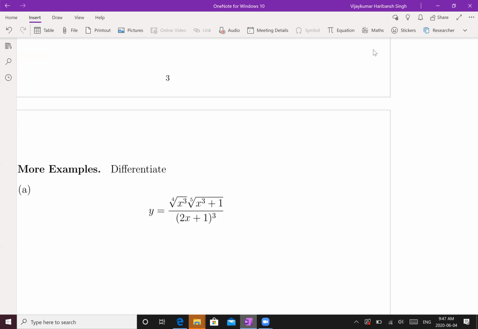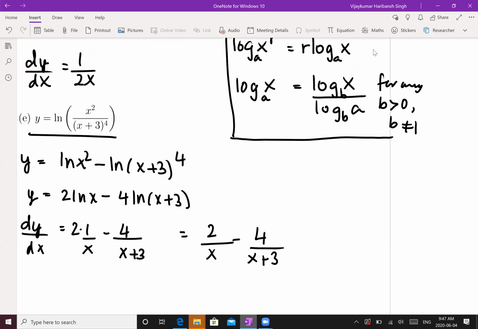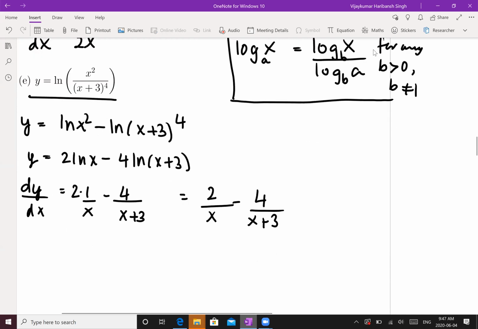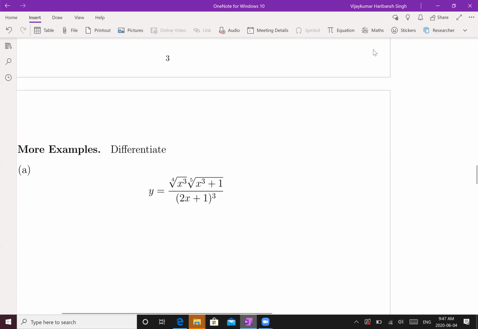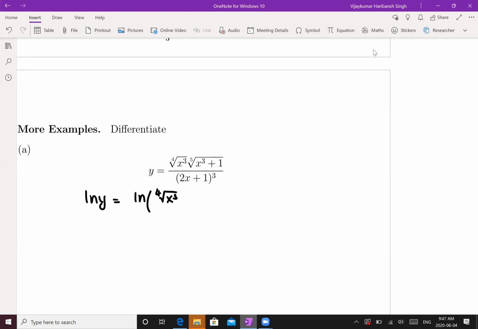However, you saw that if you take the log of a complicated expression with multiplication and division, then log simplifies it. So let's basically do that here. What we'll do is take ln on both sides. So we get ln y equals ln of cube root of x cube times fifth root of x cube plus 1 divided by 2x plus 1 to the power 3.